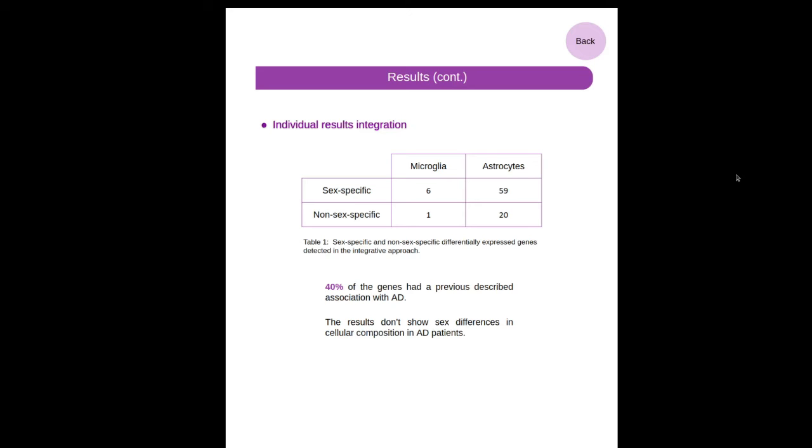The 40% of detected genes had a previous described association with Alzheimer's disease, providing robustness to our analysis. About the differential abundant analysis, the result didn't show sex differences in cellular composition in Alzheimer's patients.